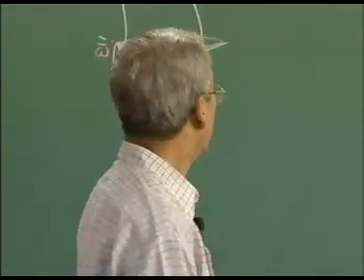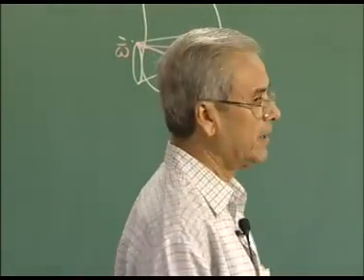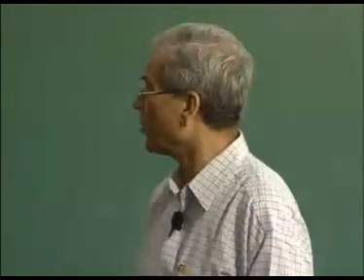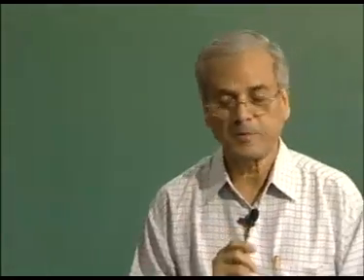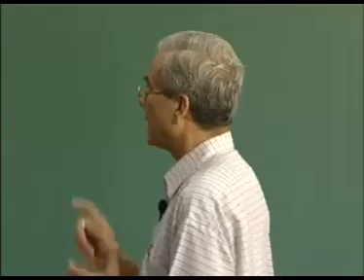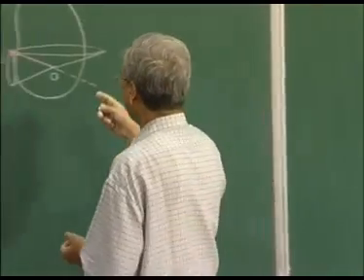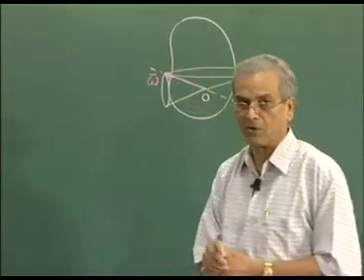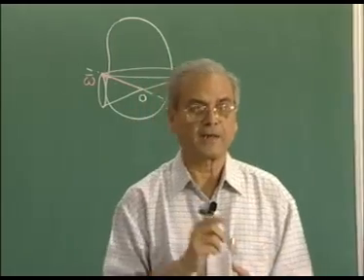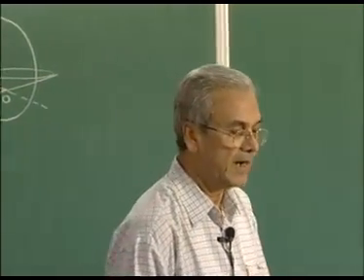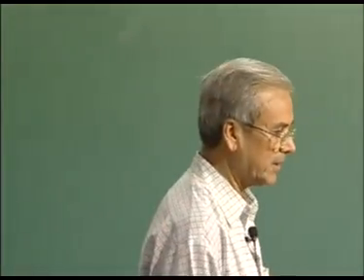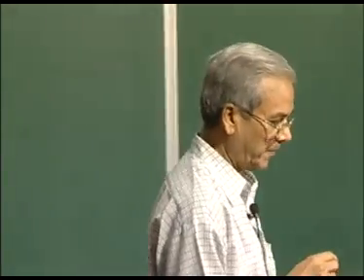The motion of the rigid body is equivalent to the motion generated by a pure rolling of the body cone over the space cone, and at every instant the line along which the two cones are in contact is the instantaneous axis of rotation, and the instantaneous angular velocity is along that.